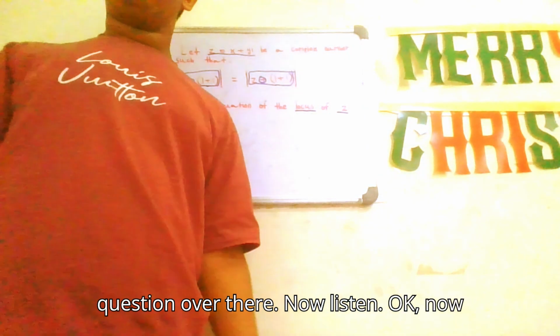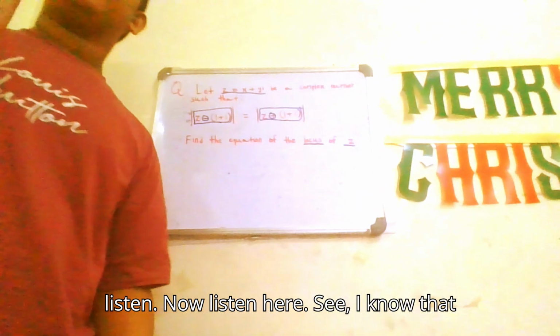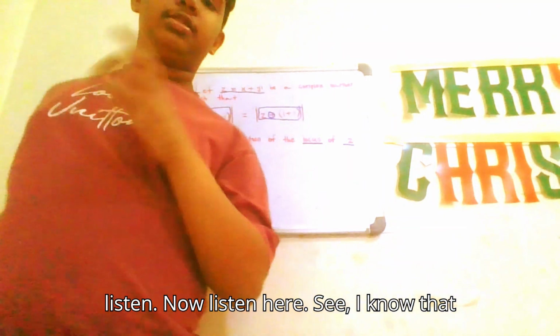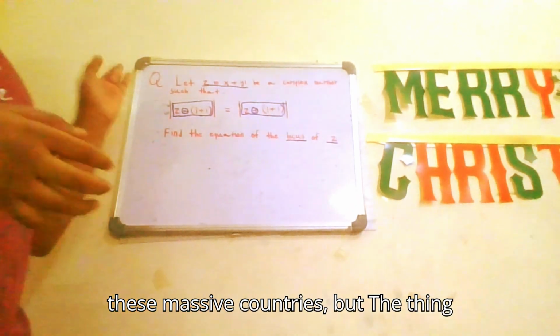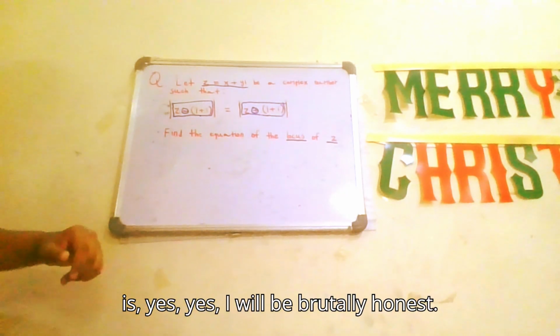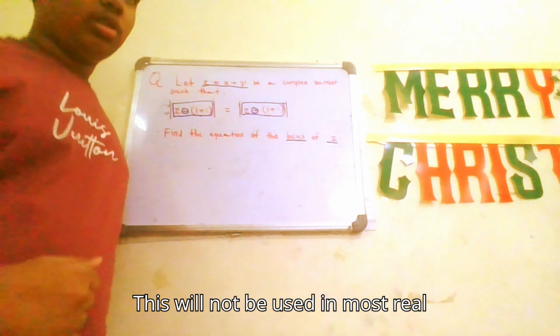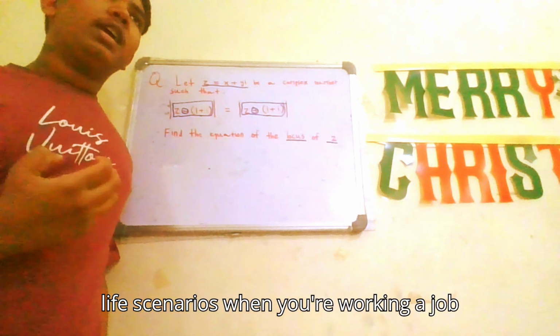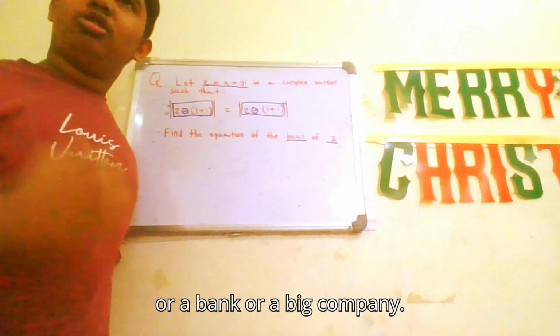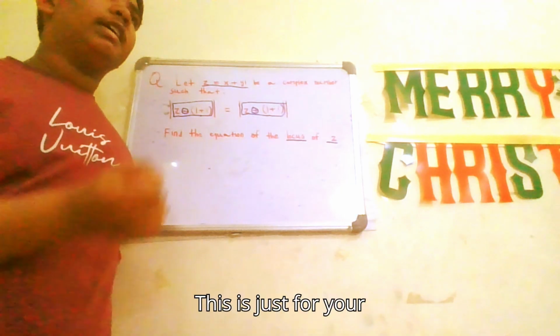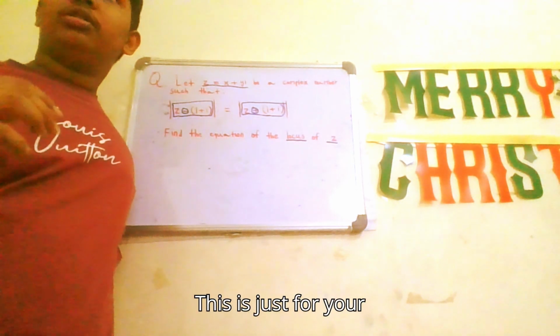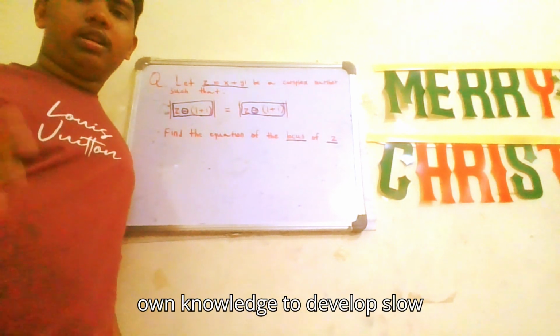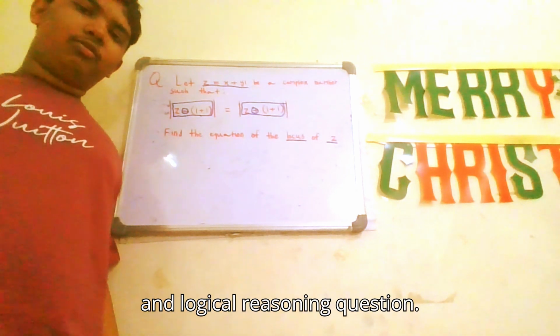Oh yeah, good question. Now listen here. I know these may seem confusing, but I want to be brutally honest. This will not be used in most real life scenarios when you're working in a job or a bank or a big company. This is just for your own knowledge, to develop skill and logical reasoning.